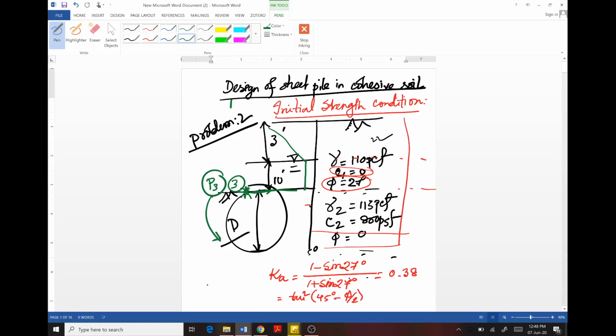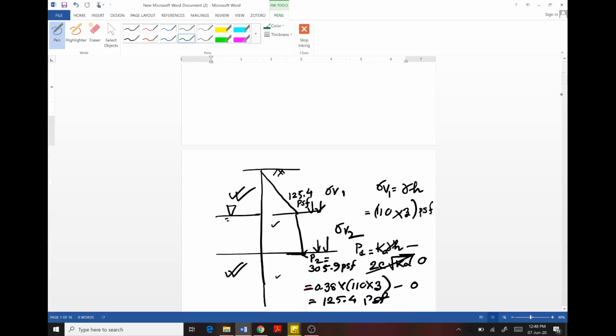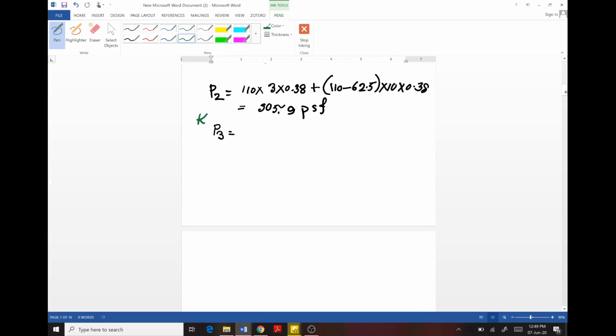So what will be P3? Active thrust of this point minus passive thrust. Now we will write the equation of P3: active thrust minus passive thrust.